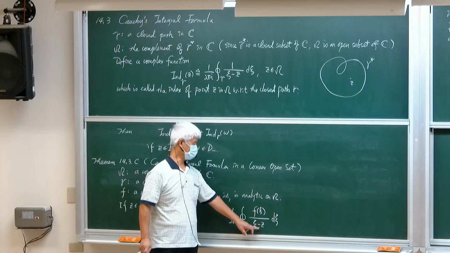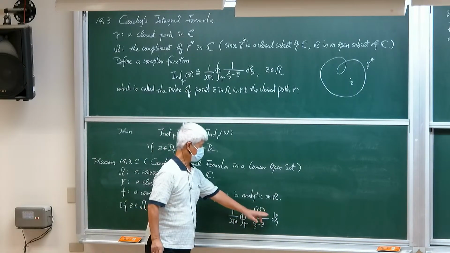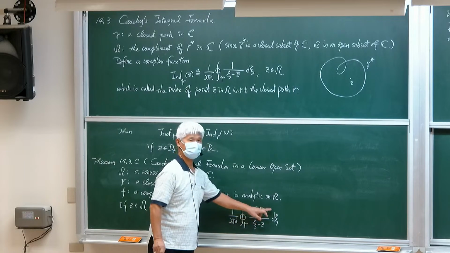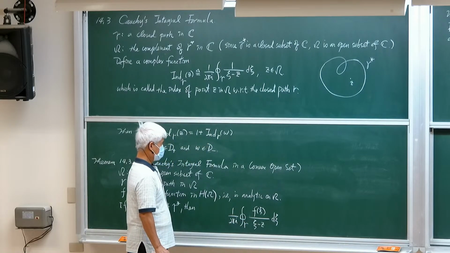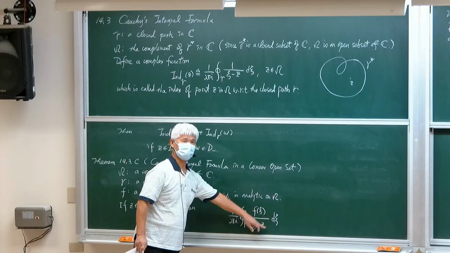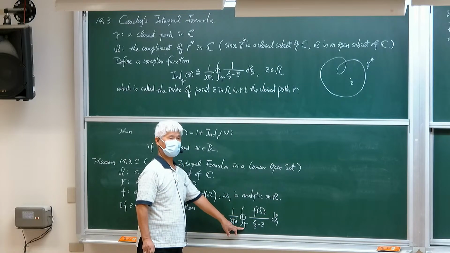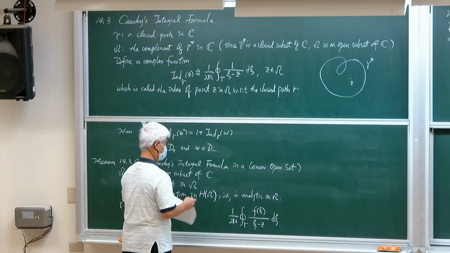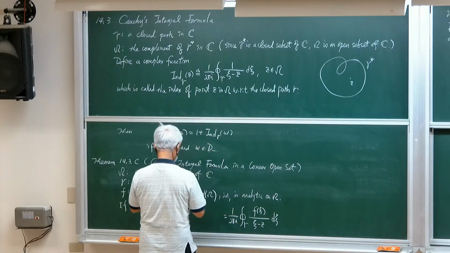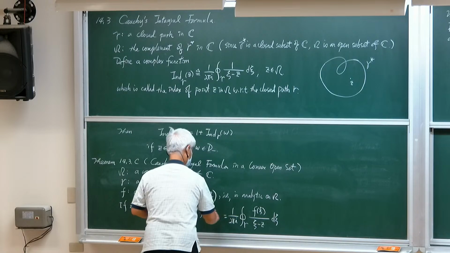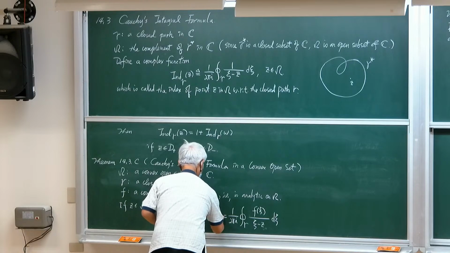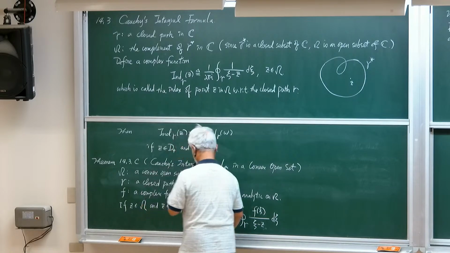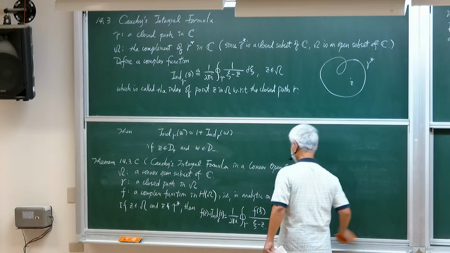So this is well defined. Okay, so if we take the line integral of this integrand over the closed path gamma, divided by 2 pi i, then the value is actually equal to f of z times the index of z with respect to gamma. Okay. So this is very interesting.